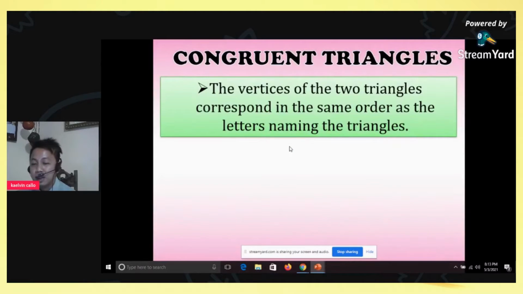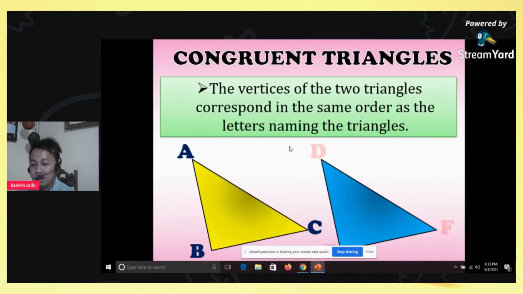Congruent triangles: the vertices of the two triangles correspond in the same order as the letters naming the triangles. So, for example, we have here two triangles.